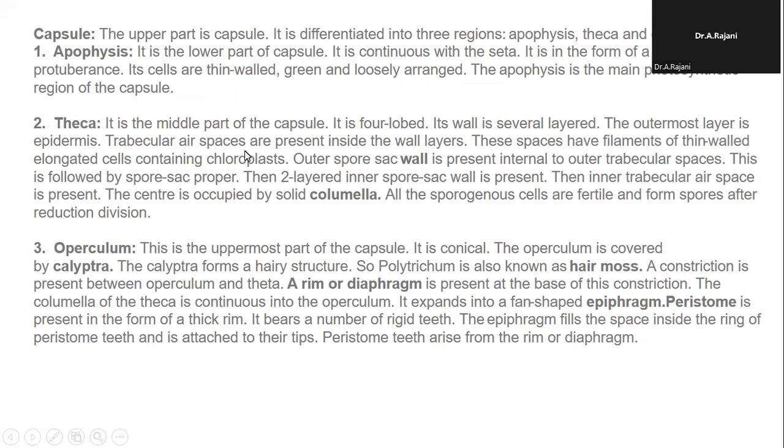These air spaces have thin-walled, elongated filaments, and the outer spore sac wall is present, which is in connection with the trabecular spaces.